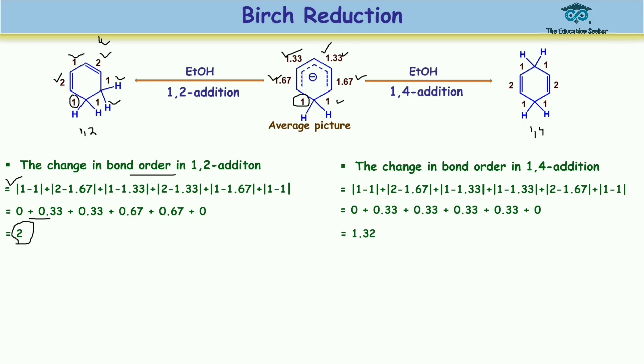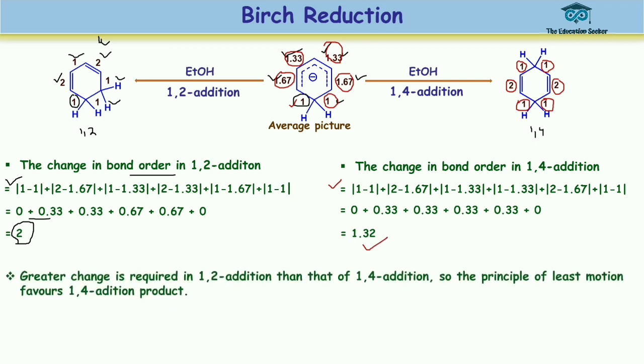In the case of 1,4 addition, the change in bond order is given by 1 minus 1, plus 2 minus 1.67, plus 1 minus 1.33, plus 1 minus 1.33, plus 2 minus 1.67, plus 1 minus 1, and the value comes out to be 1.32.